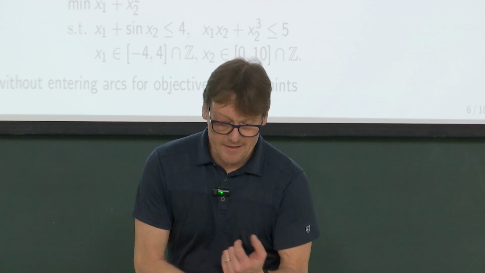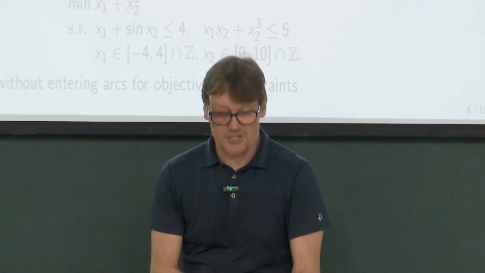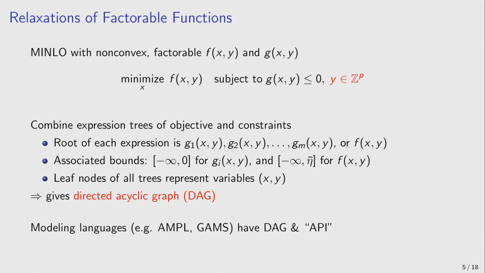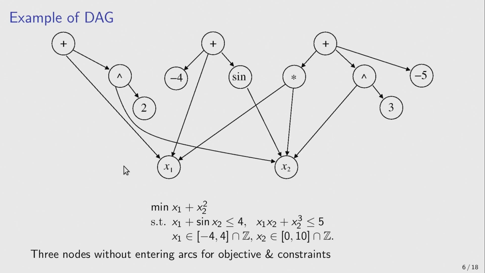So the graph doesn't show that, but I assume that I have bounds that are connected to each of my roots up here, if you like. So each of these will have bounds connected to it, and each of the variables, the leaves, will also have bounds connected to it. So the two variables have bounds, and then up here I will have bounds. And so the bounds are, in a sense, separate from the representation of the graph.